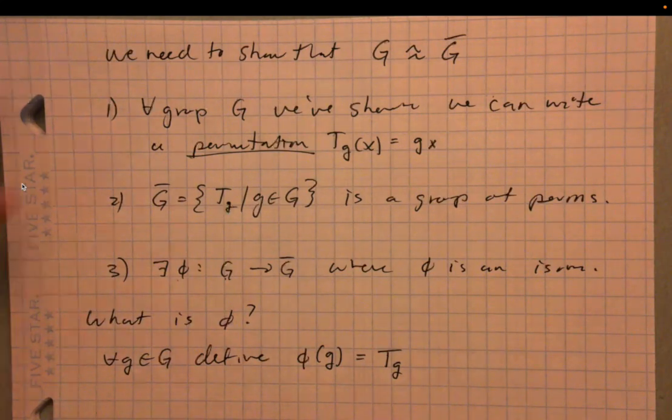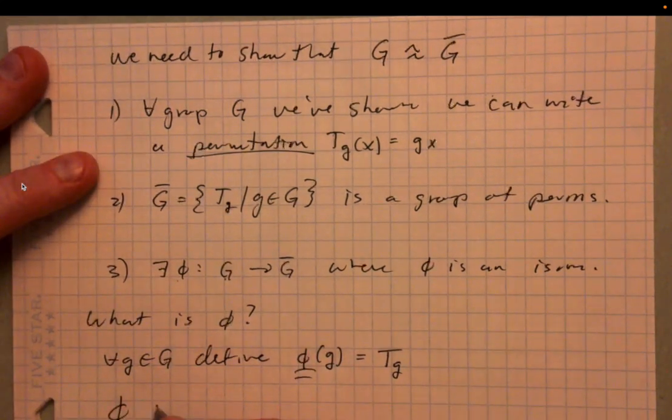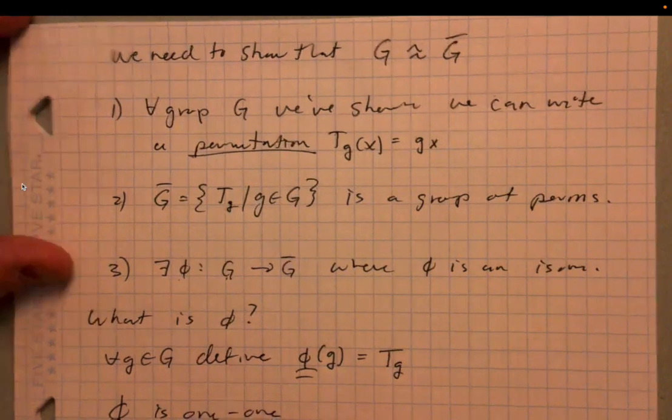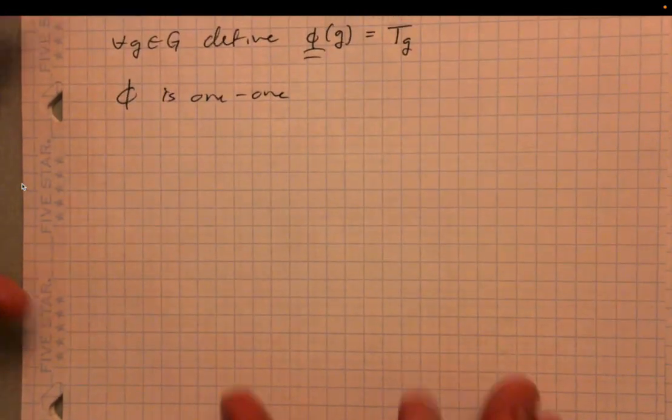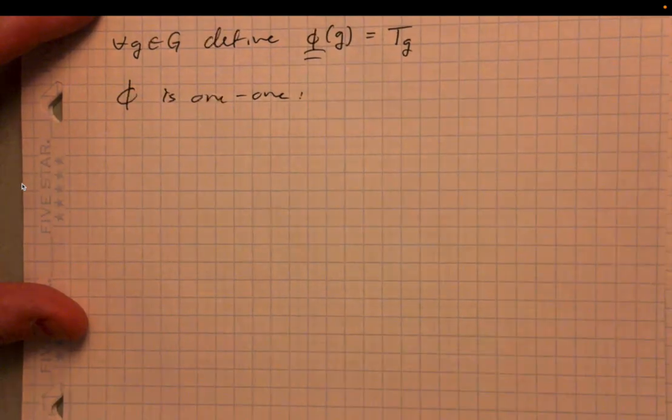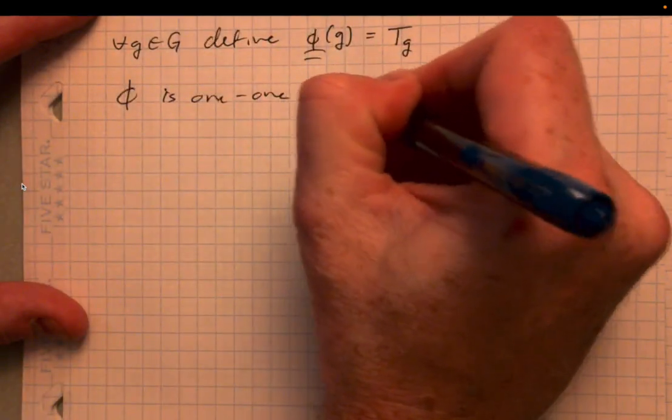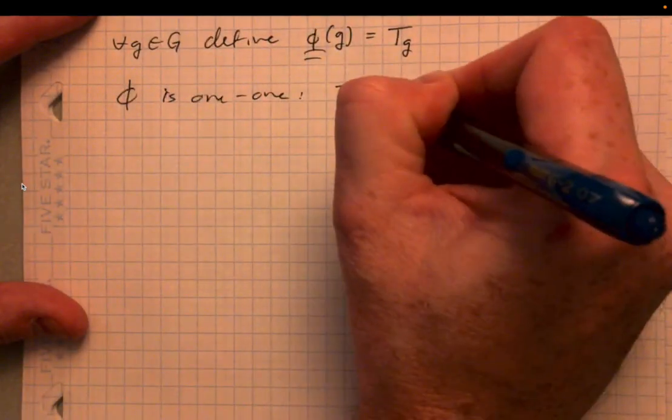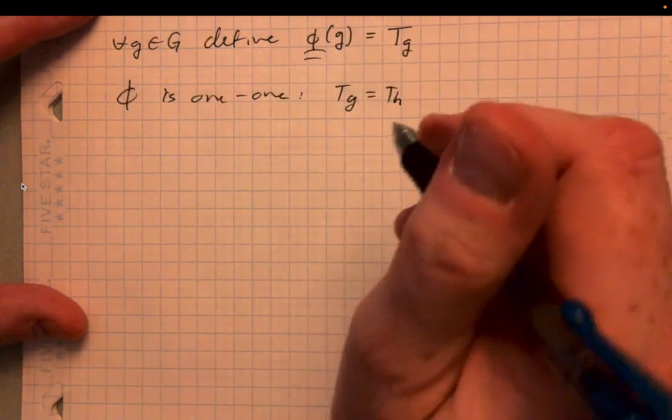Let's see if this is 1-to-1. Phi is 1-to-1. We'll start by saying that T_g equals T_h.